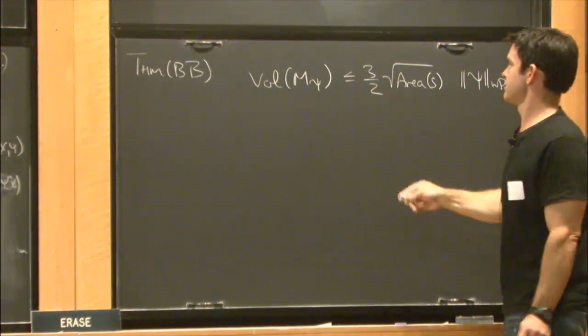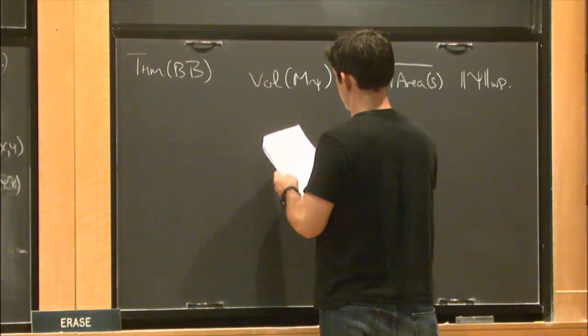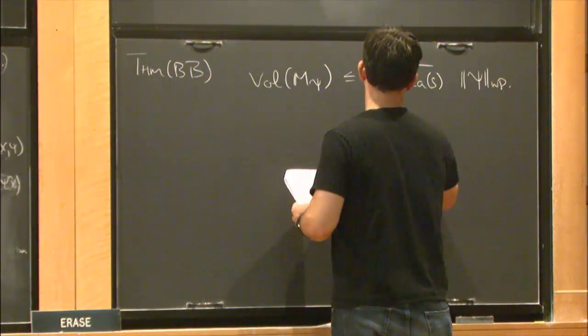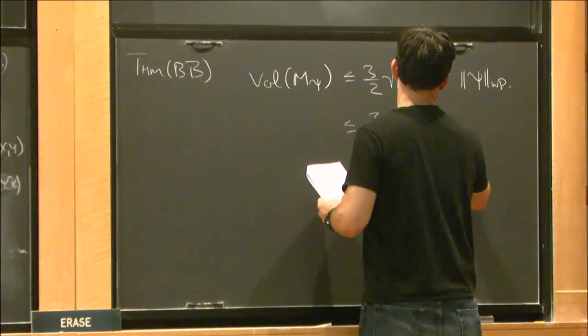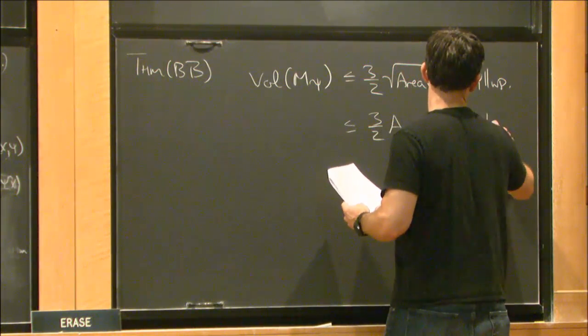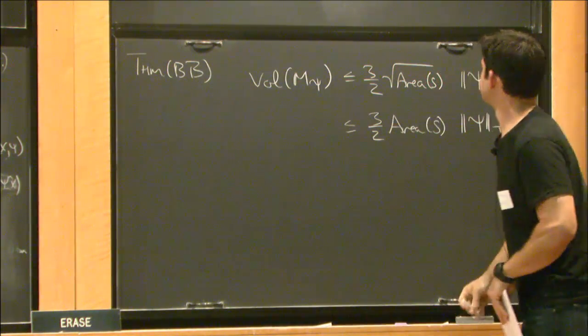And yes, so by Cauchy-Schwarz, you get immediately from this 3/2 area S times the Teichmuller translation distance. Okay.